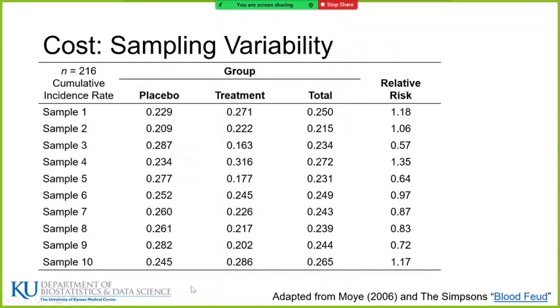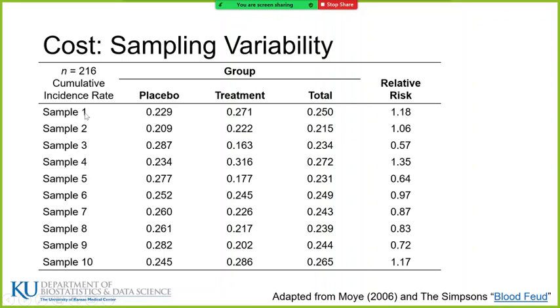And so this cost, sampling variability, can be shown in 10 replications of the exact same study. So perhaps the study that I described, we'll call that study number 1, and it contained 216 participants, and this was the result, an 18% increase in mortality.